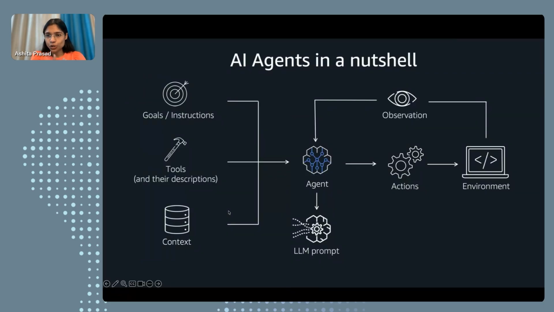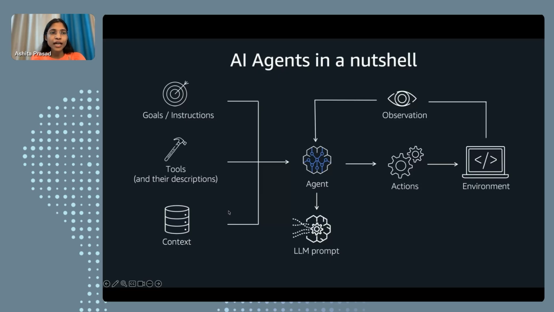And the loop that I just showed you, the reason, act, observe, and repeat, let us now zoom in on it a little more to understand how it actually works. Like what goes into the agent and what comes out. So on the left hand side, you can see three inputs, and the agent will need all of these three inputs to get started.